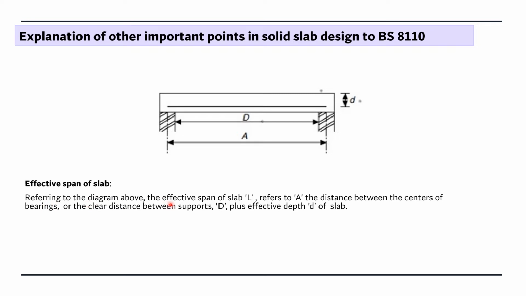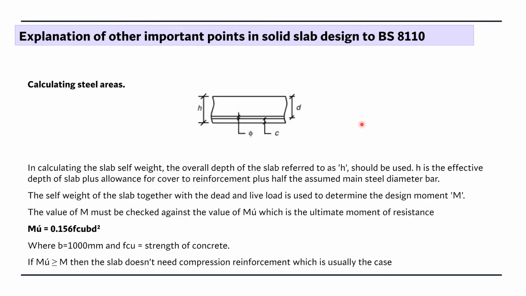Referring to the diagram above, the effective span of slab, which is referred to as L, refers to A, the distance between centers of bearings, or the clear distance between supports, D, plus effective depth d of slab.